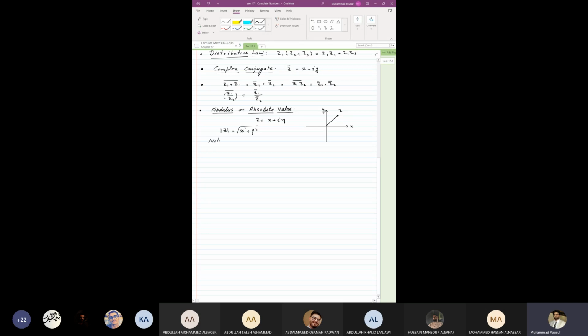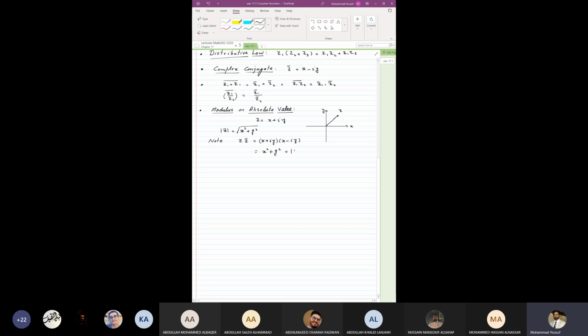Now we note that if we multiply a number with its complex conjugate, that is x plus iy multiplied with x minus iy, this will be equal to x square minus ixy plus ixy will cancel out, minus i square y square, and i square is minus 1, so we make it plus y square.